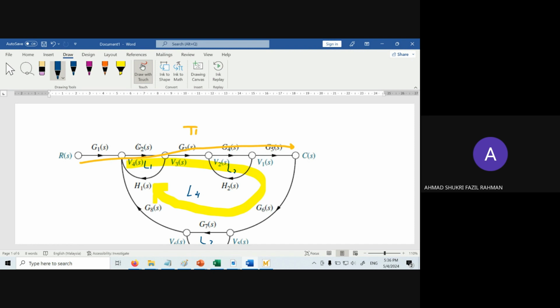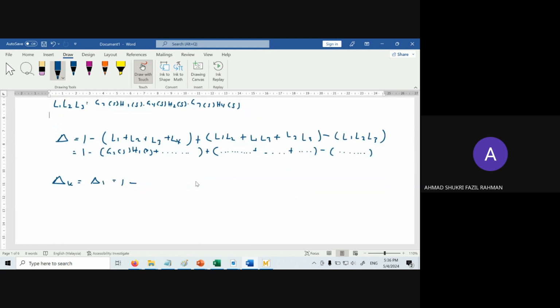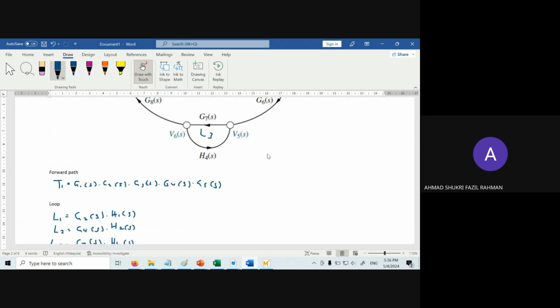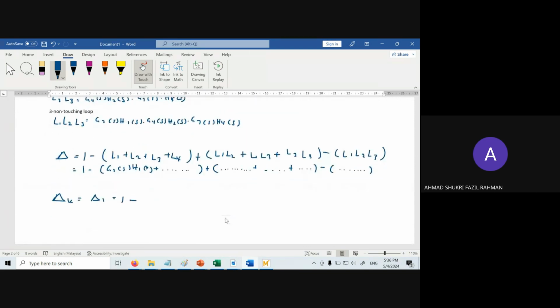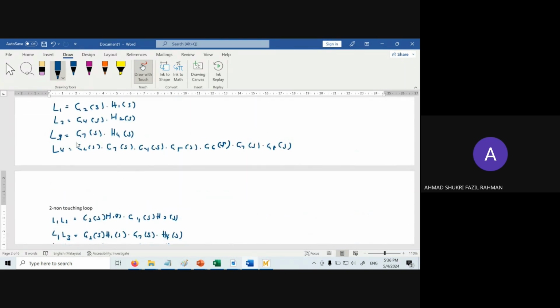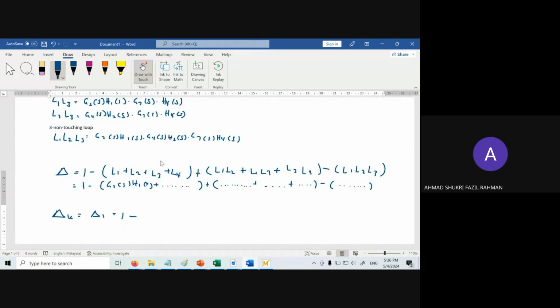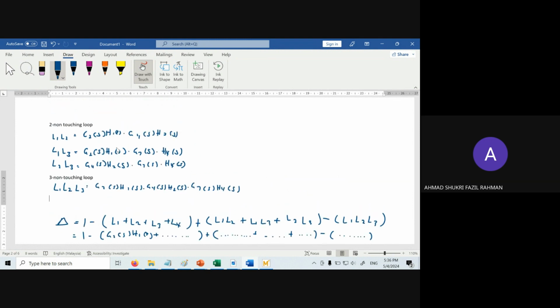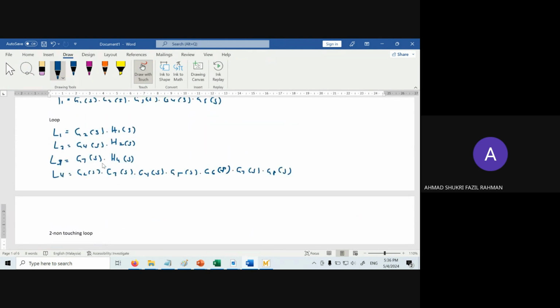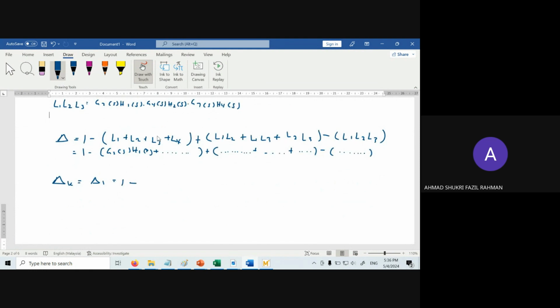So you can see G2 H1, G4 H1, and also L4. So you can see from here we have only L3. So here L3 G7. So we start by L3. L3 is here. Okay, L3 is here.